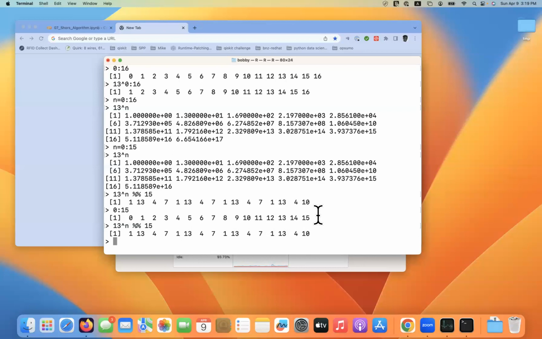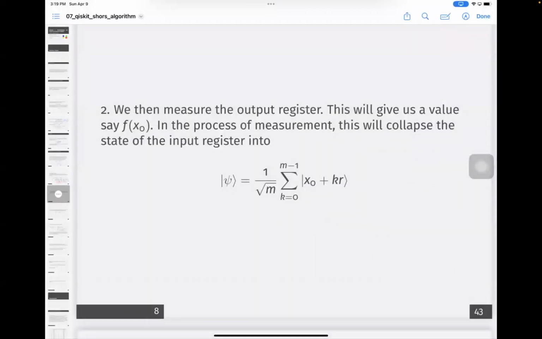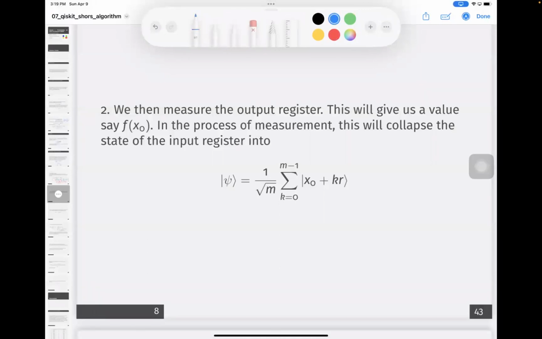So if we go back here, let me show you again. This corresponds to your numbers in the input register, because we have measured the output register to be f of x0. Okay, so these are the corresponding states.